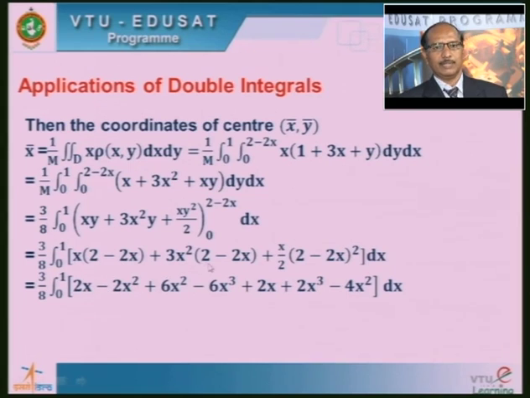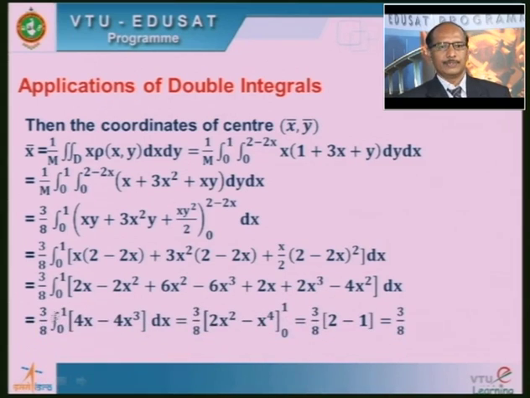Second term 3x square into 2, 6x square, minus 3x square into 2x, 6x cube it becomes. Here x by 2, before you multiply, square this one and then multiply by x by 2. 2 minus 2x square is 4 plus 4x square minus 8x. Then multiplying by x by 2, this becomes 2x, 2x cube minus 4x square dx.